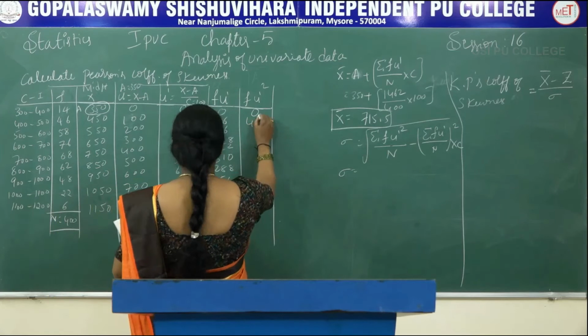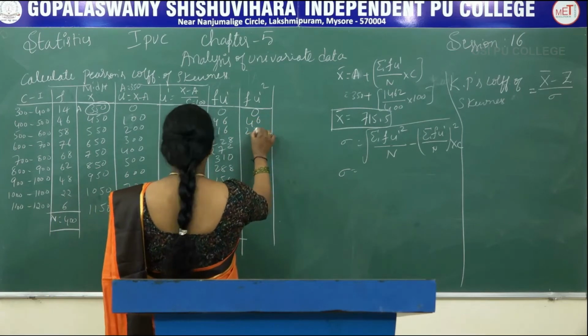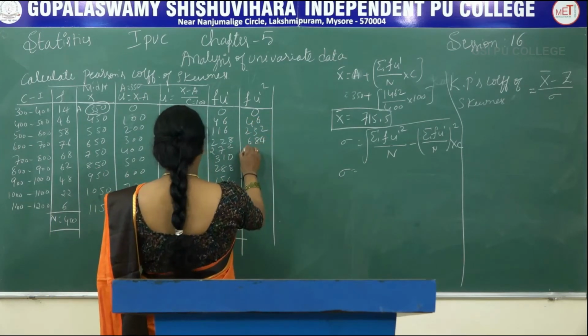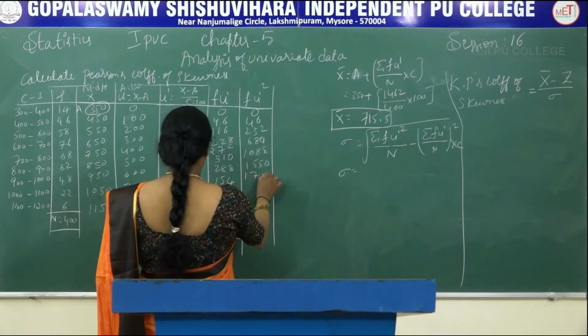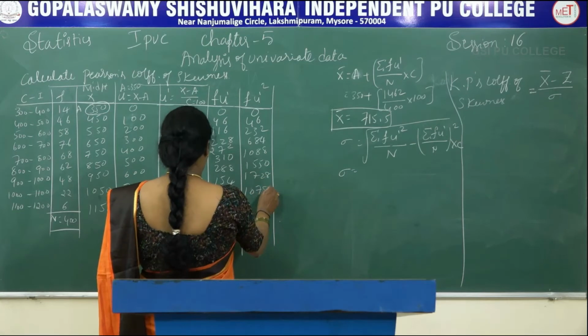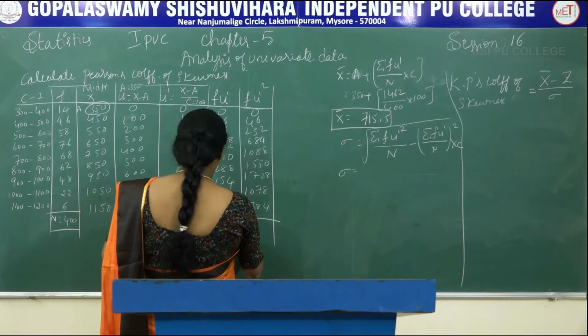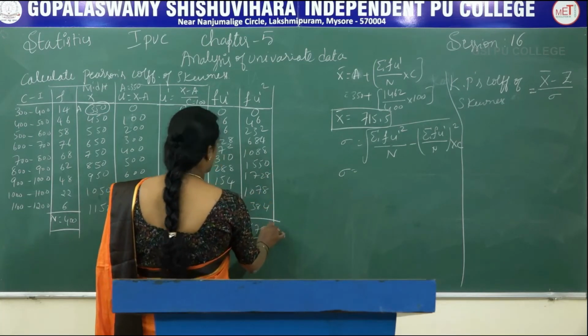This will be 46, 232, 684, 88, 550, 1728, 1078, 384, and this total is 6790.